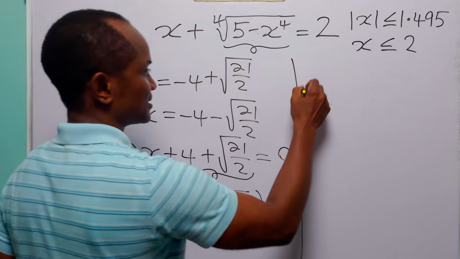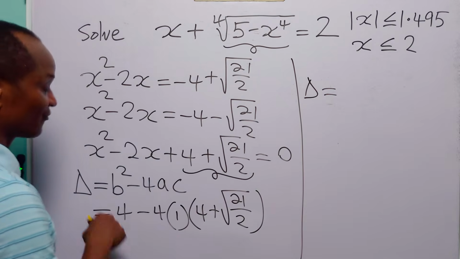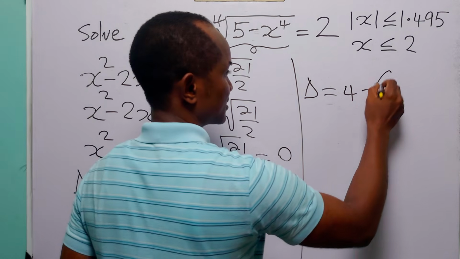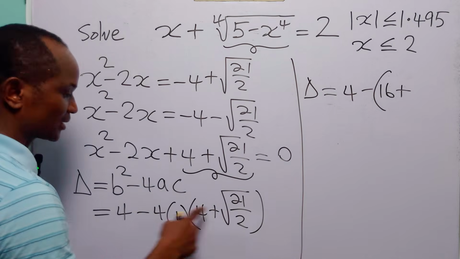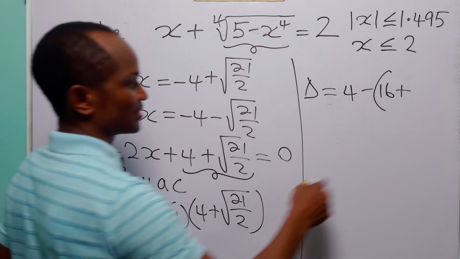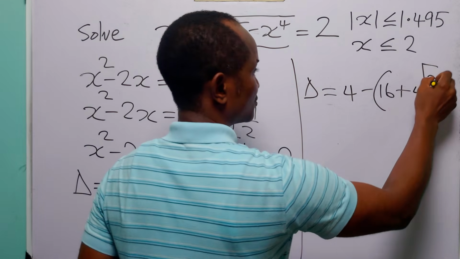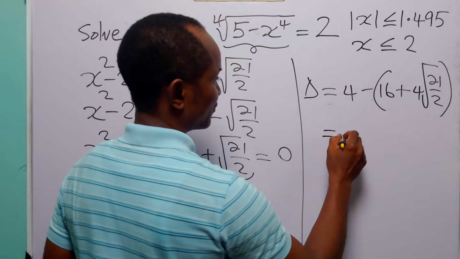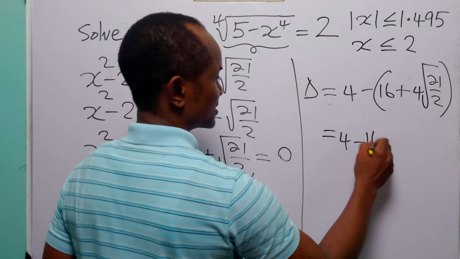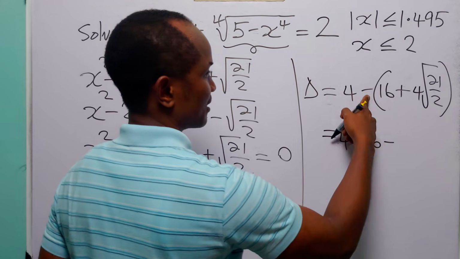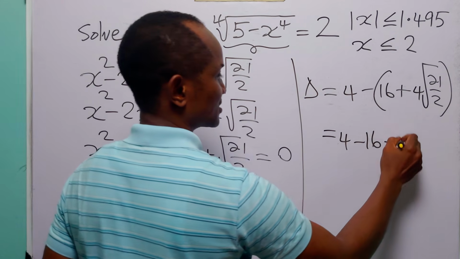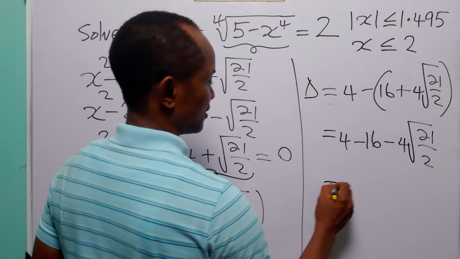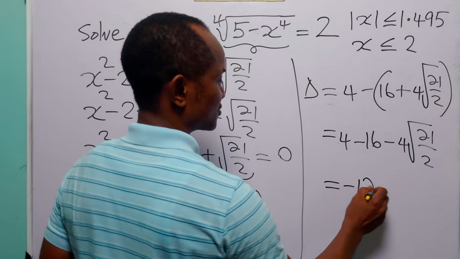Now from here we have that the discriminant is equal to 4 minus 4 times 4, which is 16. 4 times root 21 over 2 is 4 root 21 over 2. Now from here we have 4 minus 16 minus 4 root 21 over 2. 4 minus 16 is minus 12.